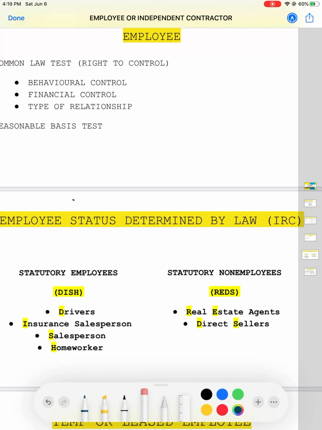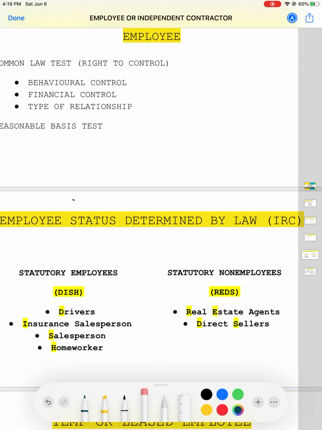So now let's talk about the status of an employee as determined by law. Sometimes the Internal Revenue Code determines the status of the worker regardless of what their classification would be under the common law or reasonable basis test.